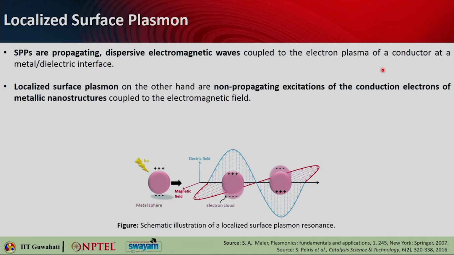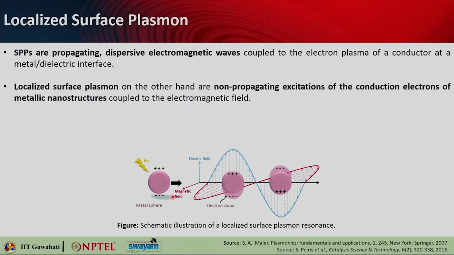Now localized surface plasmons, on the other hand, are basically non-propagating, that is why they are called localized, and they are non-propagating excitations of the conduction electrons on metallic nanostructures which are coupled to the electromagnetic radiation.